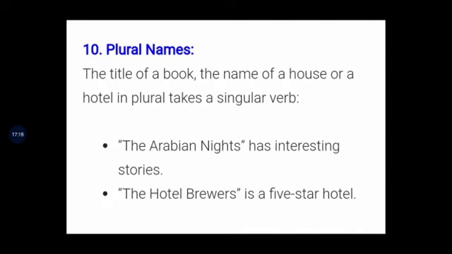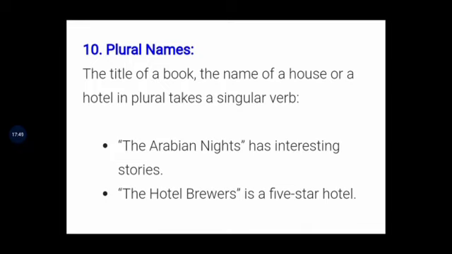Rule number 10. Plural names. The title of a book, the name of a house or a hotel in plural takes a singular verb. The Arabian Nights is a plural subject.